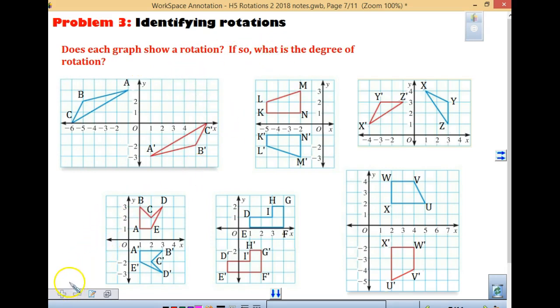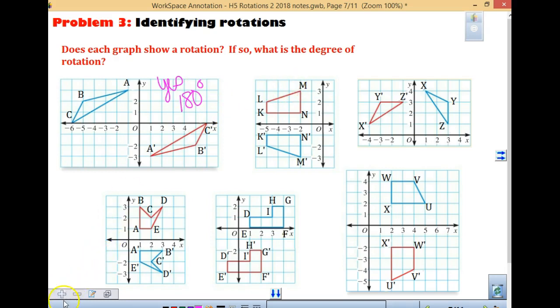So what I want you to look at right now is if it is a rotation, so like in this first one, does it look like it's a rotation from the blue to the red? And you'll notice that because of the prime, this is your new one, right? So this does look like a rotation. How many degrees would you say? 180. So if it's a rotation, you're going to put yes, then you're going to tell me 180.